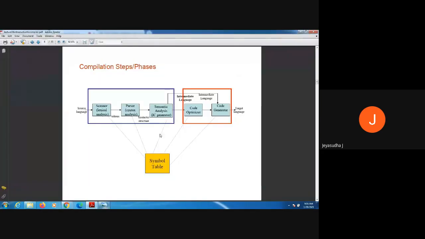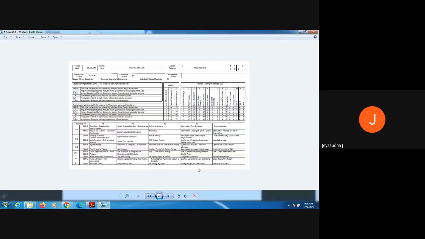And the next one, as I said before, apart from code optimization, there is something called intermediate code generation. That part will be handled in the fourth unit. You'll be learning how intermediate code generation is done.